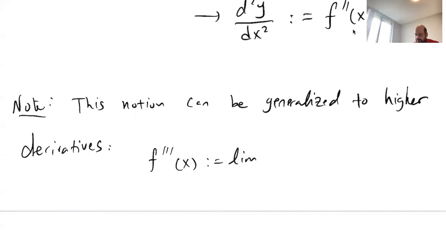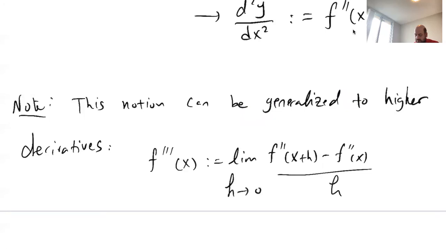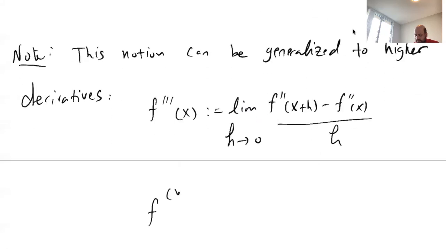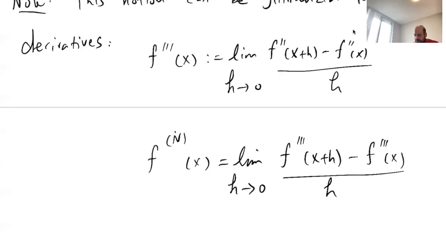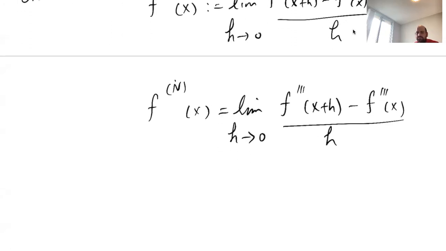The third derivative is defined as the limit of f double prime of x plus h minus f double prime of x over h as h approaches 0. Or the fourth derivative at x is the limit of the third derivative at x plus h minus the third derivative at x over h as h approaches 0. And so on.